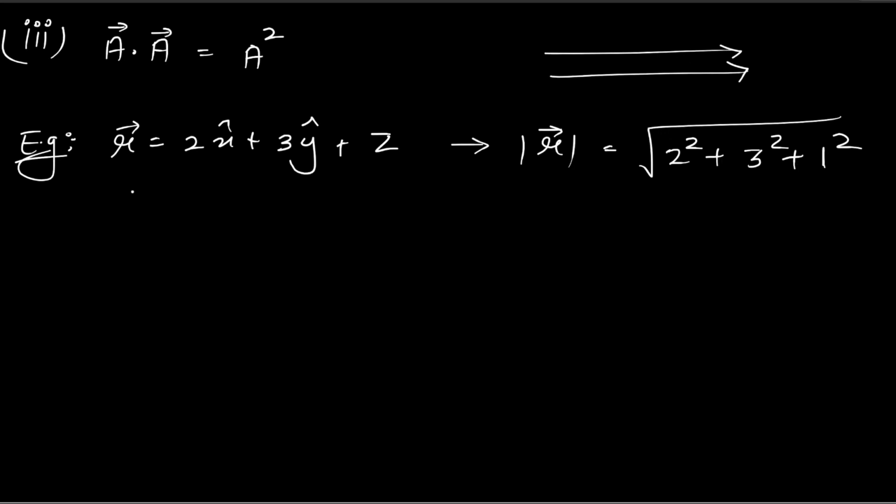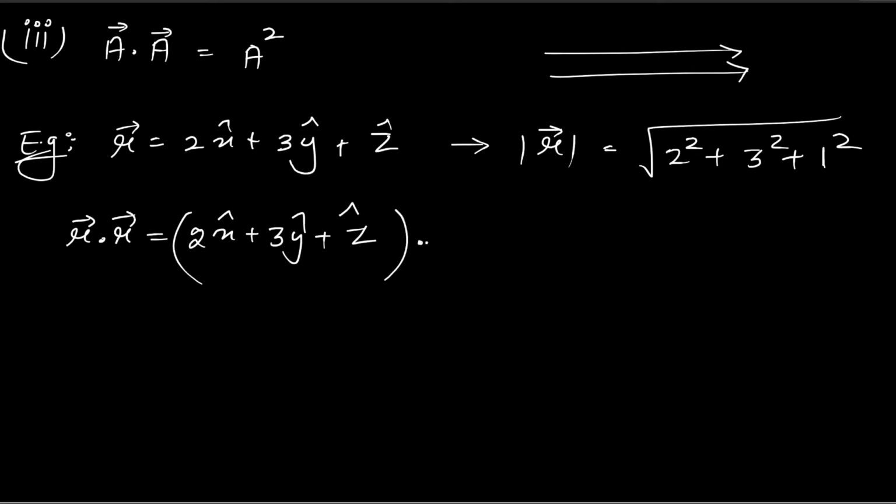Let me take first the dot product. If you have two vectors, I write 2x cap plus 3y cap plus z cap, and take the dot product with the same vector.